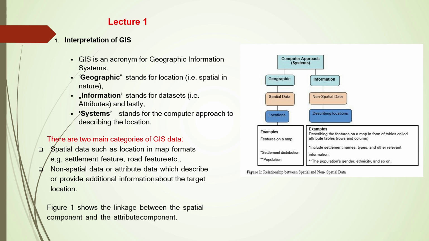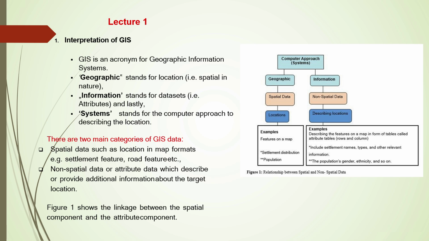Geographic stands for location, that is spatial in nature. Information stands for the data set or the attributes, and system stands for the computer approach to describe and to analyze locations.